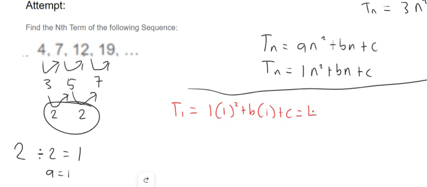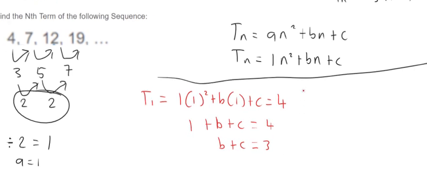So all that has to be equal to 4. So then we just get 1 plus b plus c is equal to 4. And then bring the 1 over to the other side. b plus c is equal to 3. And that's our first one done.